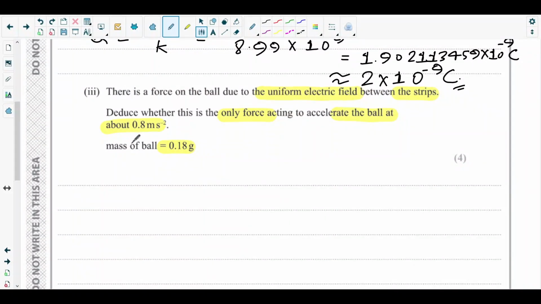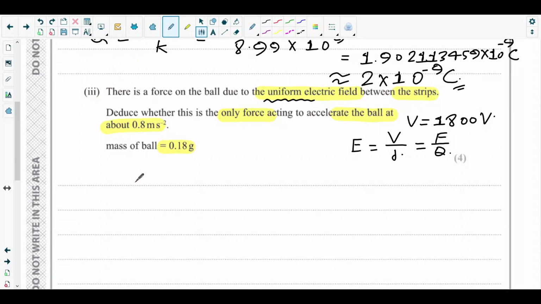Okay, so for force in an electric field we will consider the equation. Since it is a uniform electric field and we know the PD is 1800 volt, the electric field strength in a uniform field is E equals V over D. Again, E equals force per unit charge, so we can write it as F over Q. Fine.